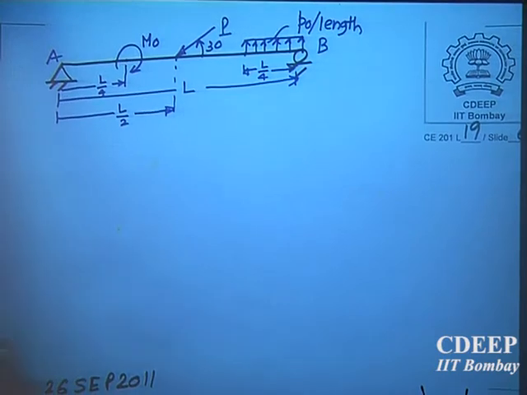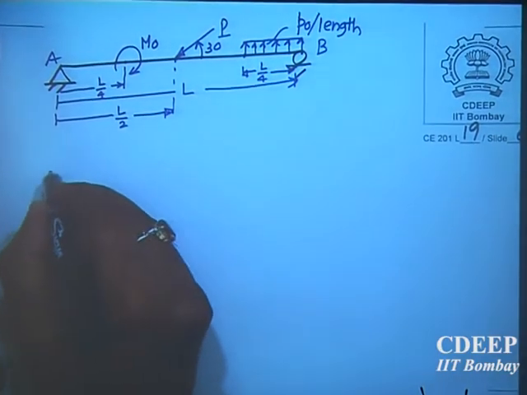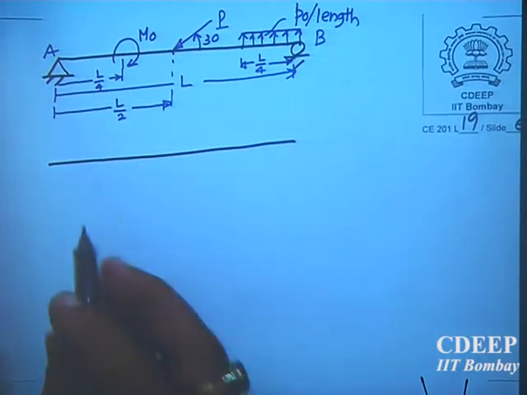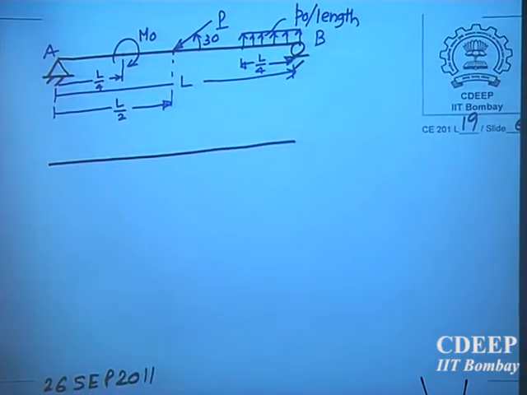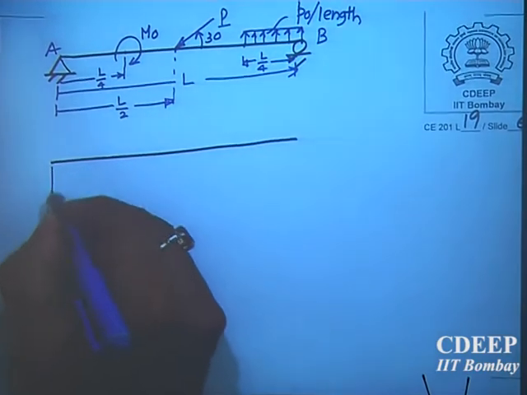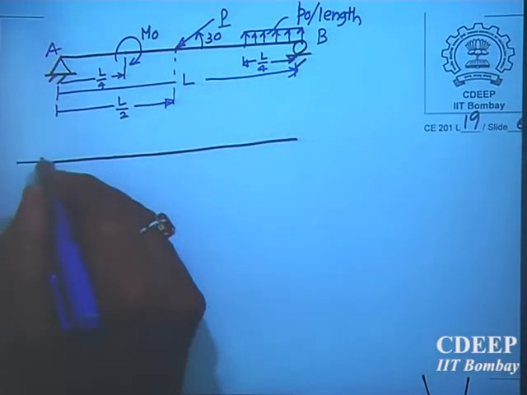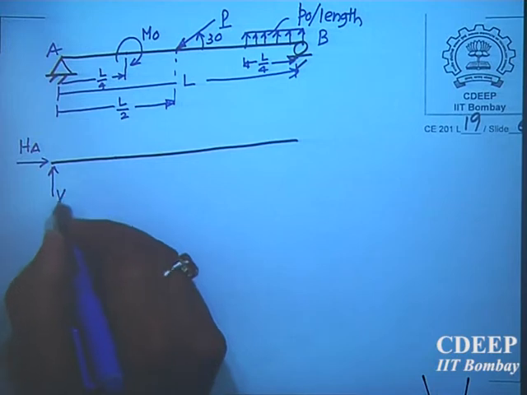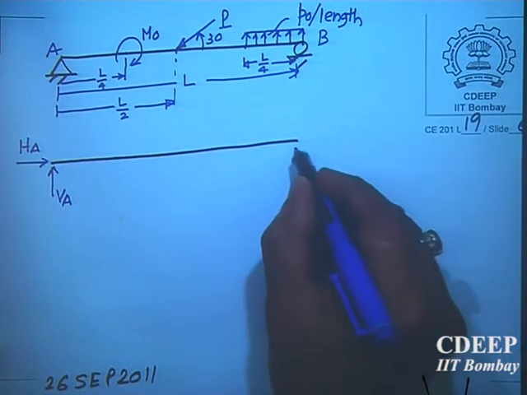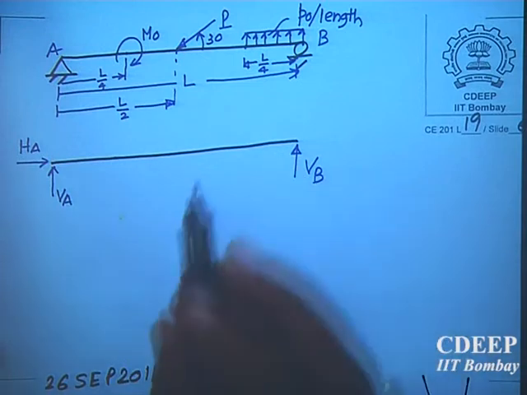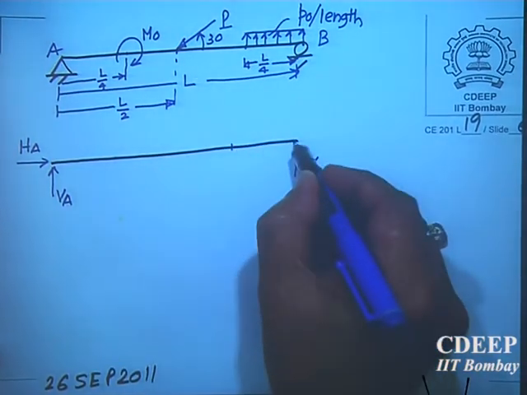So now next problem is, yes, see, these are the ways you must look at when the problem is complex. So you think, okay, this is my reaction here, HA, VA, this one is VB, this one L by 4.